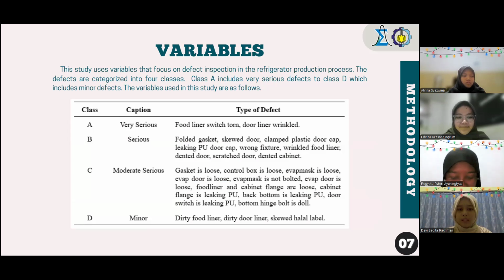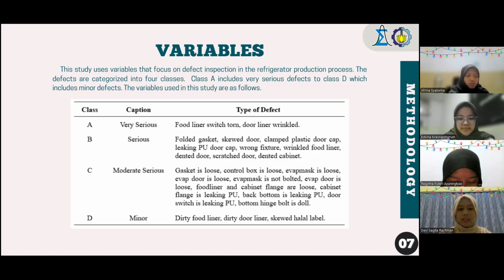And in class B, serious, the types of defect are float gas, fixed door, cam plastic door can, leaking PO door cap, wrong fixture, wrinkled foot liner, tinted door, stacked door, tinted cabinet.